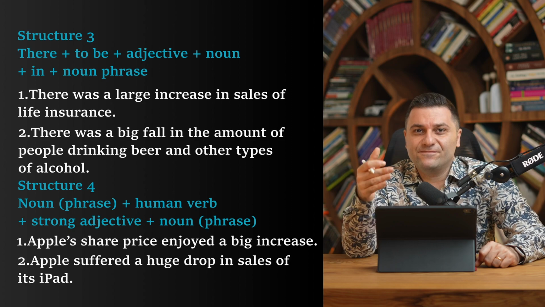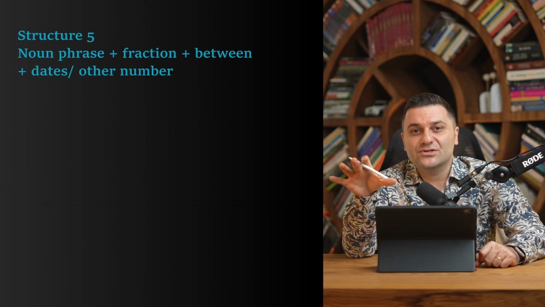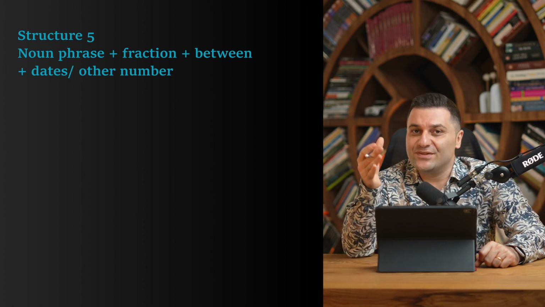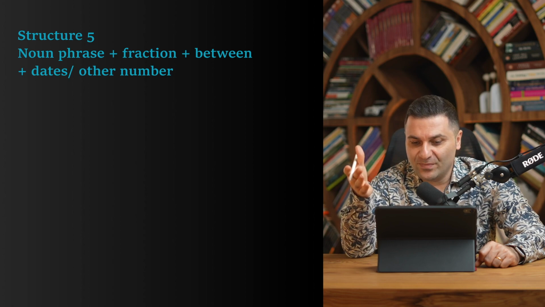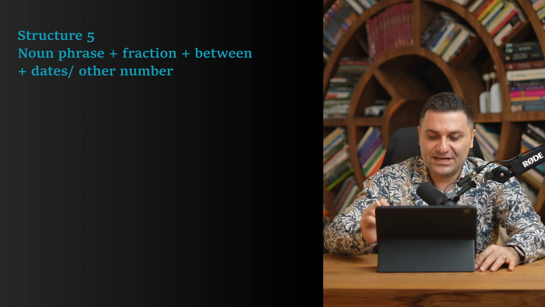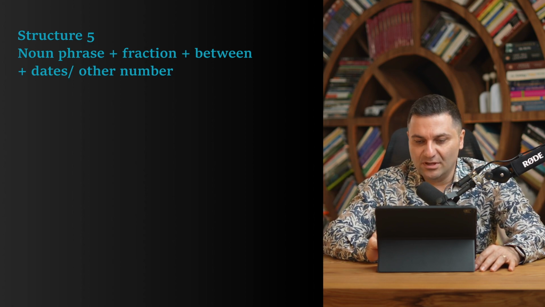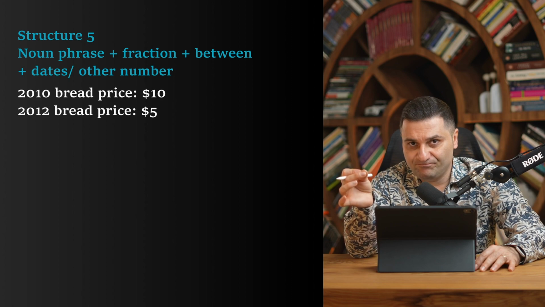All right, our fifth simple structure. Here we're going to use some fractions. So our structure starts with a noun phrase, and then we have a fraction, and then "between", and then we have dates or other numbers. For example, imagine that in 2010, the bread price was $10.